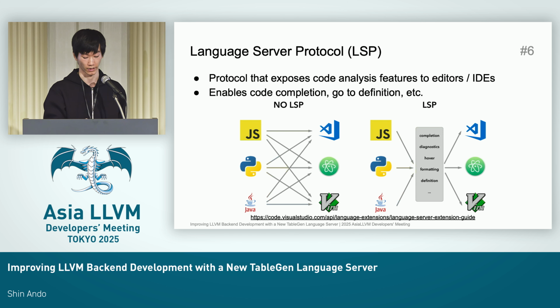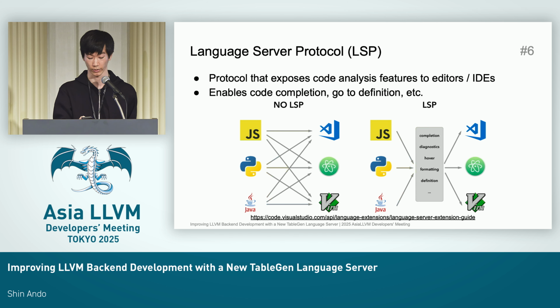Now, let me briefly explain LSP as well. LSP is a protocol designed to provide code analysis features from language processors to editors and IDEs. By using LSP, editors and IDEs can easily implement features like code completion and go-to definition.